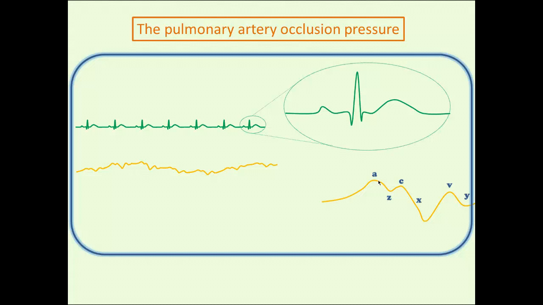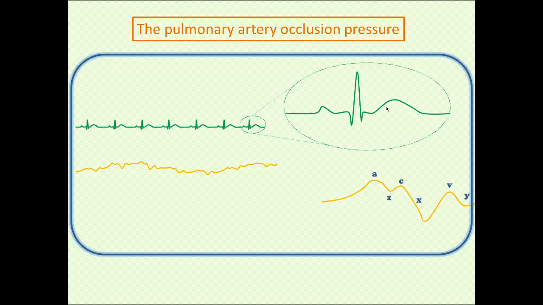Okay? The C wave you'll be lucky to see, and the V wave is almost always completely, or should be completely, after repolarization of the left ventricle. So the V wave is well after the T wave. And this becomes important when you're interpreting wedge pressures that look a little bit weird, or you could be having problems with partial wedging, or if you've got mitral regurgitation and tall V waves.